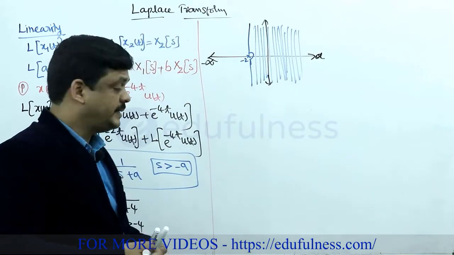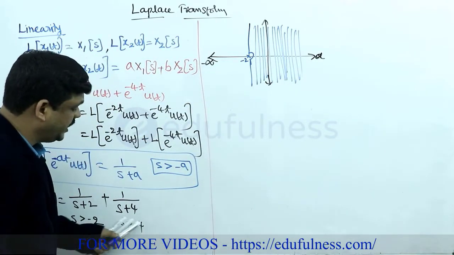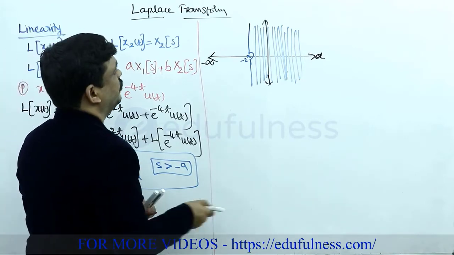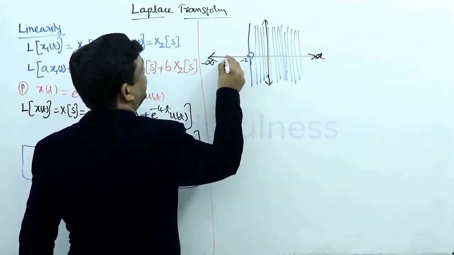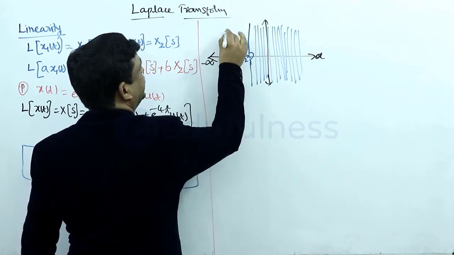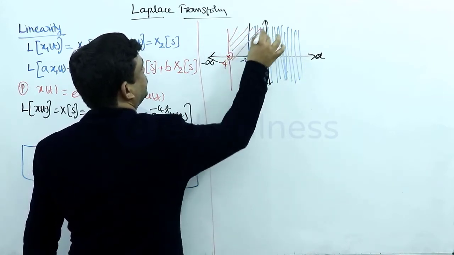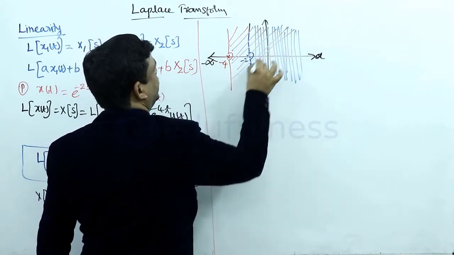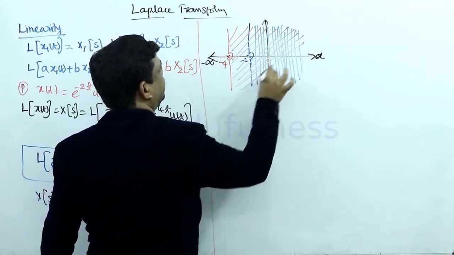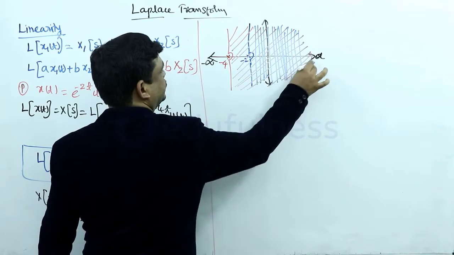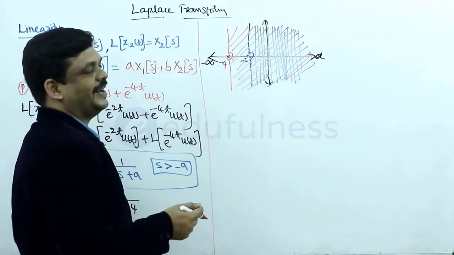Another signal is defined from minus 4 onwards, and minus 4 is located here. Then we draw the other signal ROC like this. For easy understanding, I am drawing it in a different direction, an inclined line.